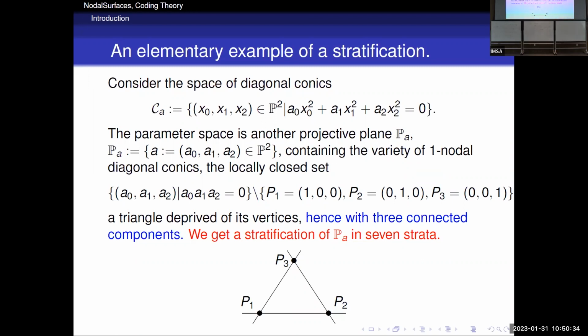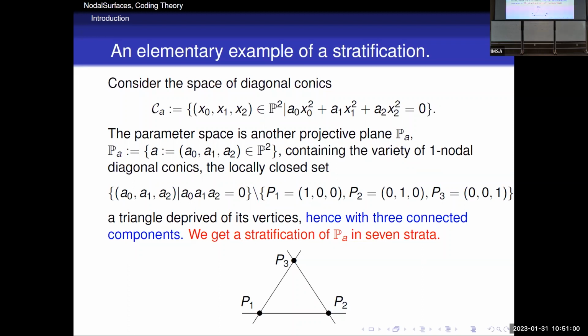So let's take a trivial example. You take diagonal conics, sum a_i x_i squared equals 0. The parameter space is a projective plane with coordinates a0, a1, a2, and the one-nodal diagonal conics are just the ones such that the determinant is 0.